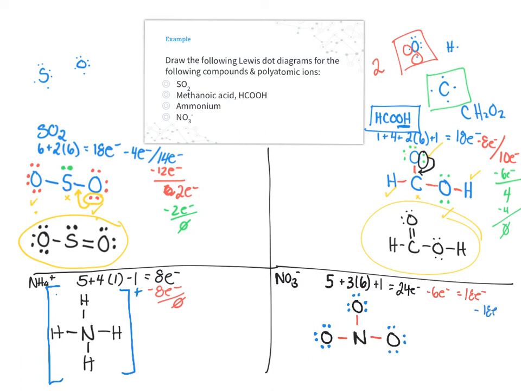So subtracting 18 from my total, I cannot add any more electrons. The only thing I can do is borrow. Now, looking at all of the options, I can borrow a lone pair from any of my oxygens here. All oxygens look the same, so it doesn't actually matter who I borrow from.